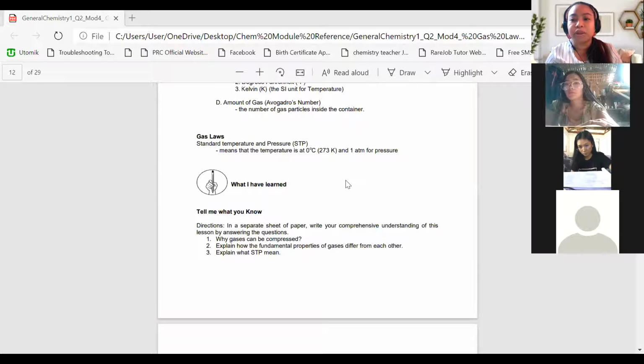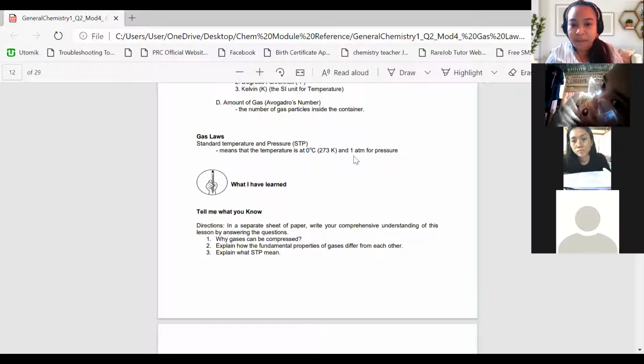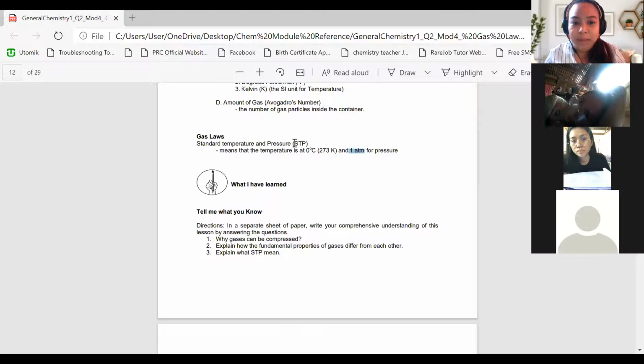So when you solve it, always keep in mind that the standard temperature has a value of 0 degrees Celsius, or 273 Kelvin. And the standard pressure has a value of 1 atm. So if you see STP, it always has these values. They do not write them in the problem.